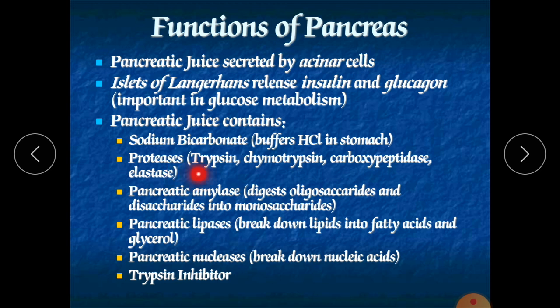Now, if our food contains more protein, more proteolytic enzymes will be secreted into our pancreatic juice. Next is pancreatic amylase, which we have already discussed, responsible for the digestion of carbohydrates. It digests oligosaccharides and disaccharides into monosaccharides.